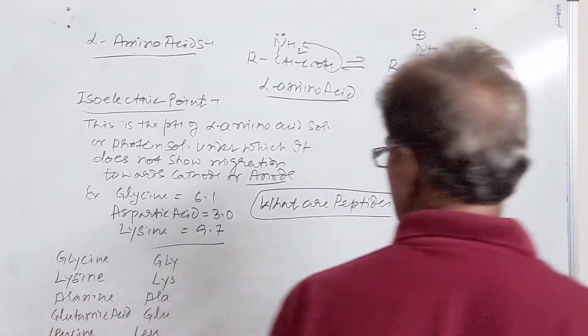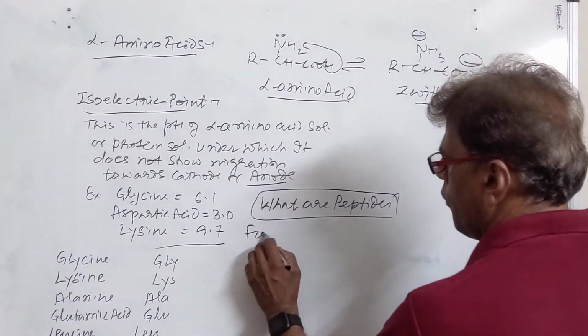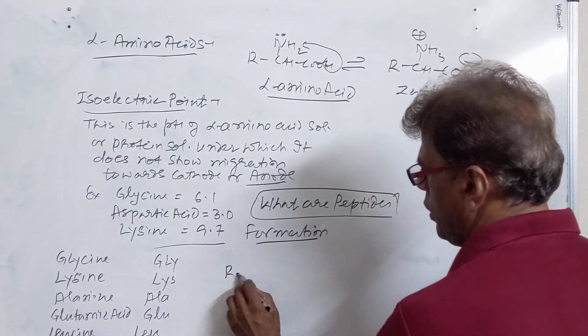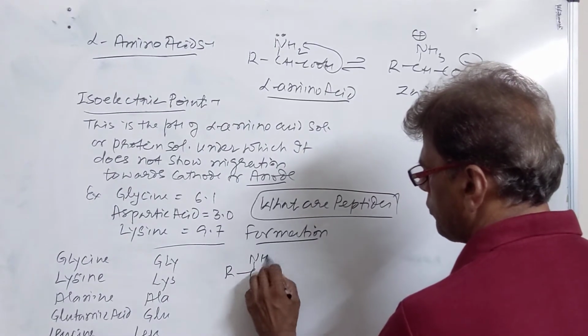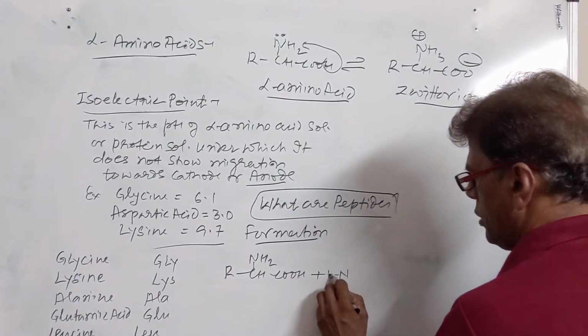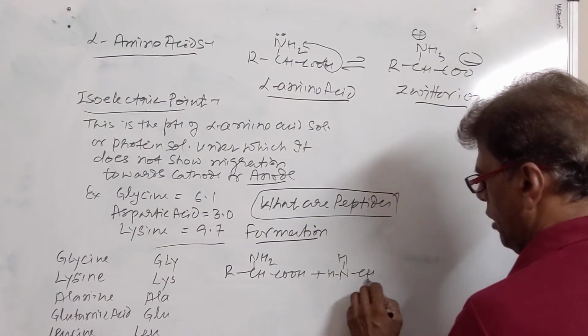Let us see their formation. This is our first alpha amino acid, which combines with the hydrogen of the NH2 group of the next alpha amino acid.